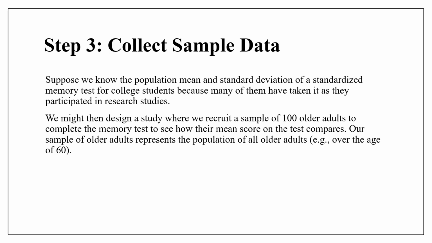Then we might just decide that our study design will involve recruiting a sample of 100 older adults to complete the memory test and then use their mean score on the test to compare to the young people. Our sample of older adults represent the population of all older adults, so anyone that's over the age of.